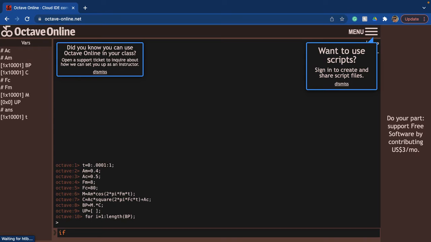So if bipolar PAM is equal to 0, then you don't need to add anything, just put it straight away. If it is equal to 0, then the unipolar PAM will remain the same.